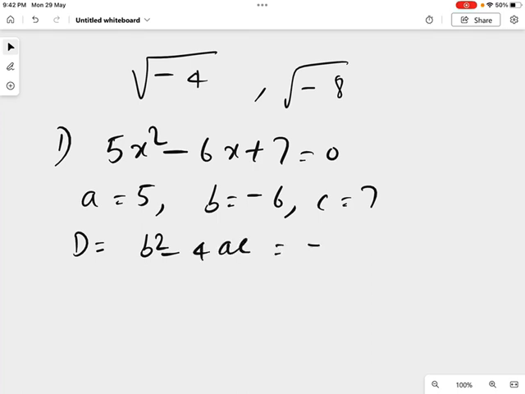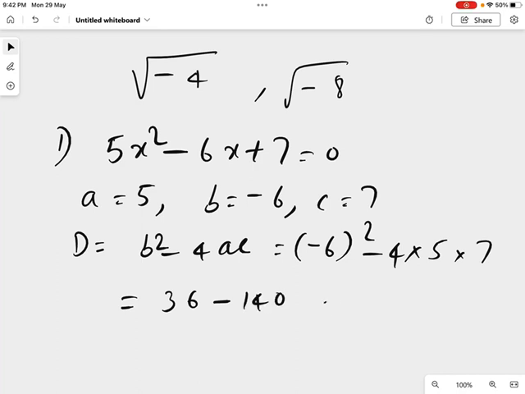That is minus 6 whole square minus 4 into 5 into 7, which is equal to 36 minus 140, which is equal to minus 104. This is less than 0. So b square minus 4ac is less than 0, that is, the roots are imaginary.